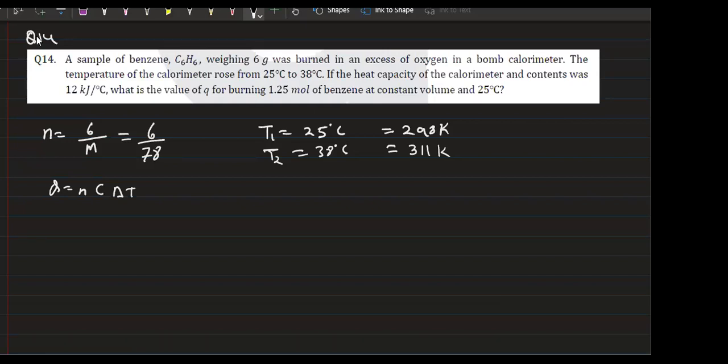So just put the value. n is 6 by 78 into C is given. कितना है C? 12. राइट, इनटू कितना है डेल्टा टी, व्हिच इज 38 माइनस 25. कितना हो गया? 38 माइनस 25 इज 13, राइट? बस यही है ना, कैलकुलेट कर दूं.